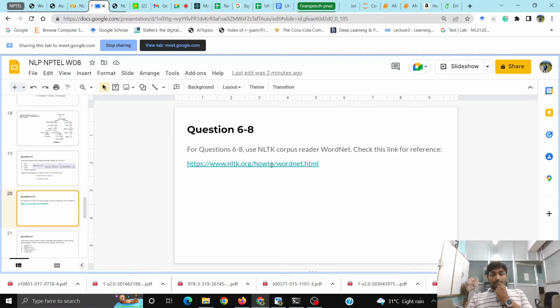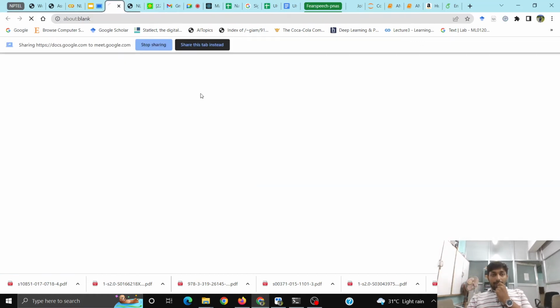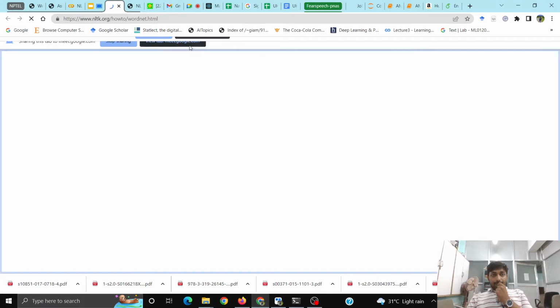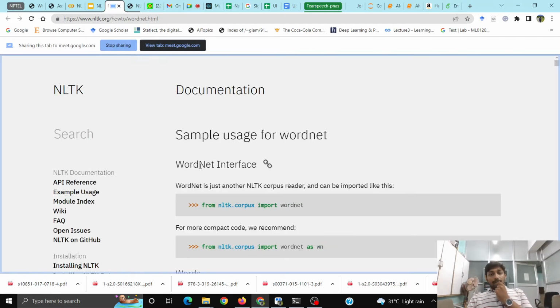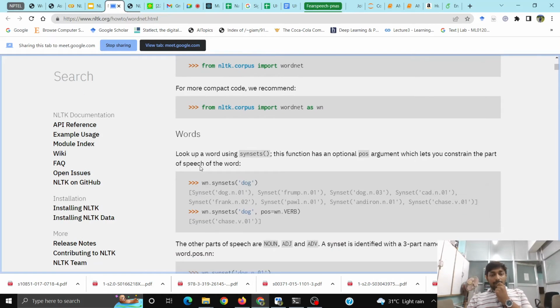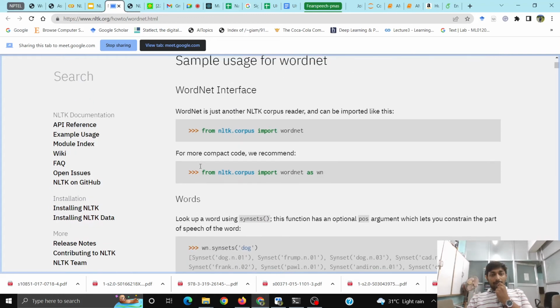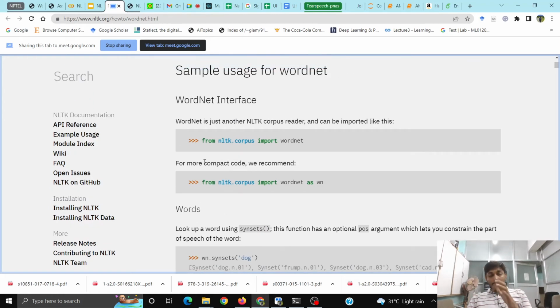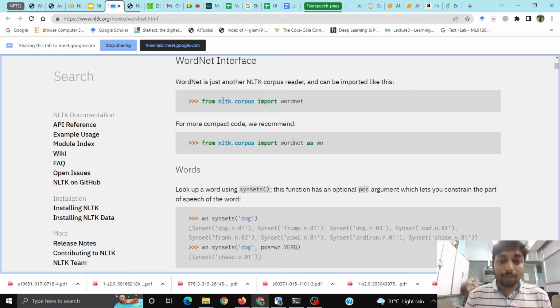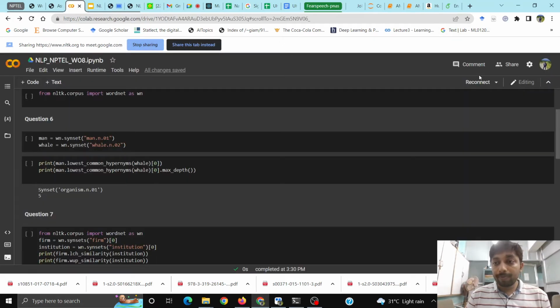You can go to this link. This basically shows how we can use this NLTK corpus, this WordNet. So let us try it, running it.